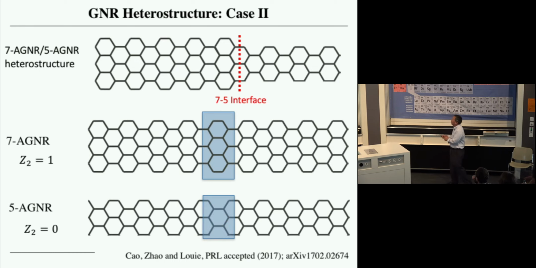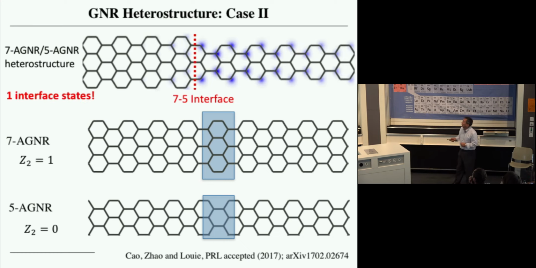On the right, the unit cell that you construct will have a shape that looks like this, and Z2 is equal to 0. So according to the bulk interface correspondence, there should be an interface state at the junction. Indeed, if you do a GW or DFT calculation, this is the interface state you find.